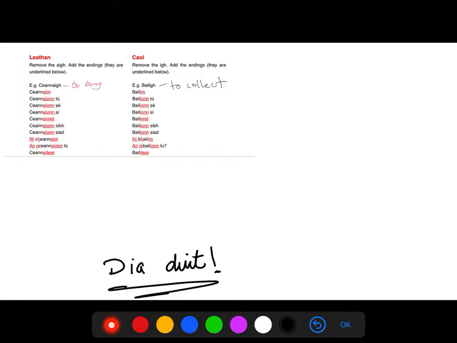So let's have a look at another one, which is Tosaigh. Tosaigh is to start. Okay, so we need to take off this ending, but we know because it's a broad one, we need to put in the AI for the M. Tosaím.